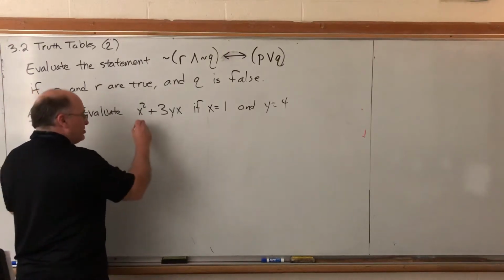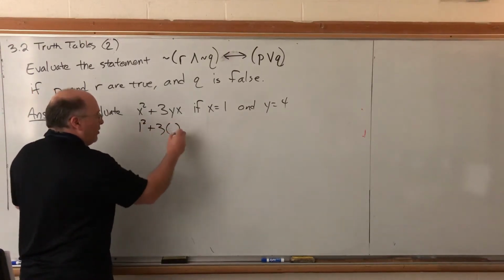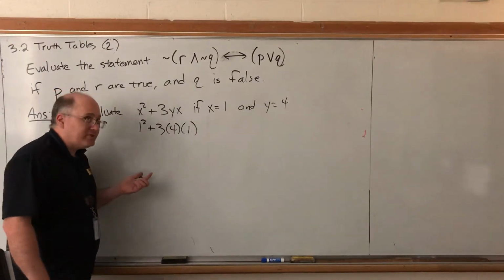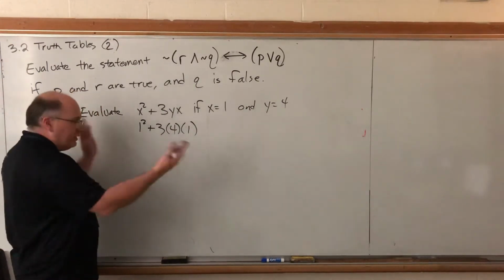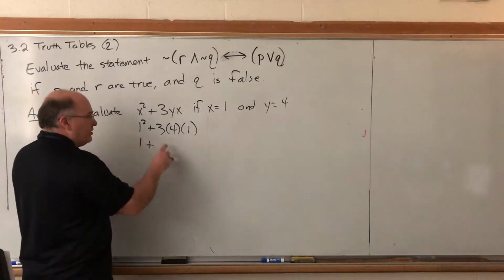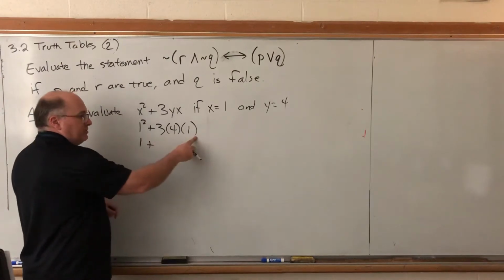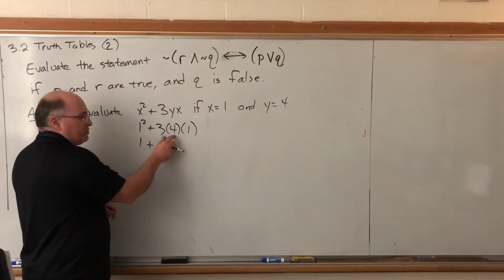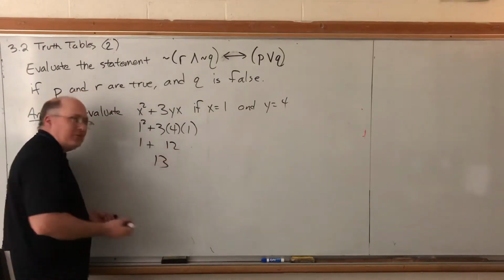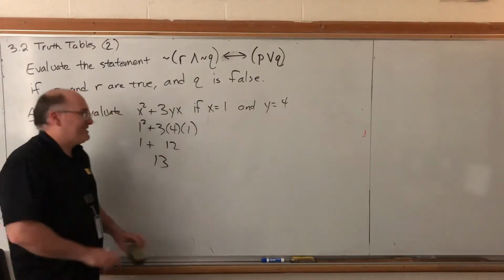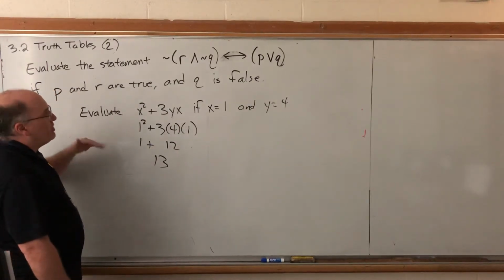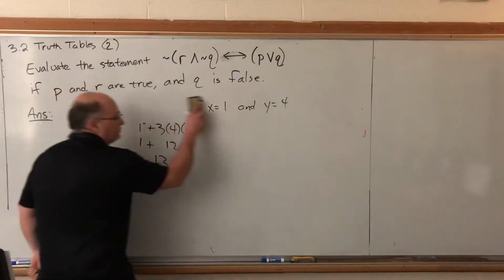You would change all the x's to 1s and all the y's to 4s. Then you would use the order of operations, please excuse my dear Aunt Sally, to work it out. Exponents would go first, 1 squared is 1, multiplication would go next, left to right, 3 times 4 is 12, times 1 is 12, and then addition would happen last and you would get 13. It's kind of the same thing here, but instead of variables and numbers, we have statements and truth values.